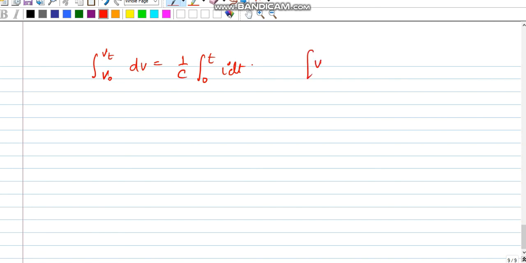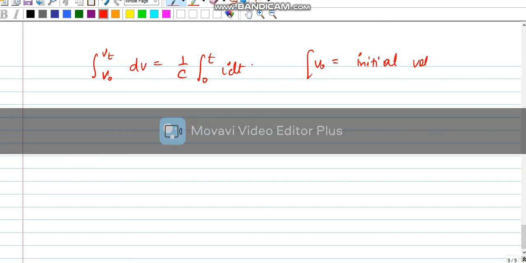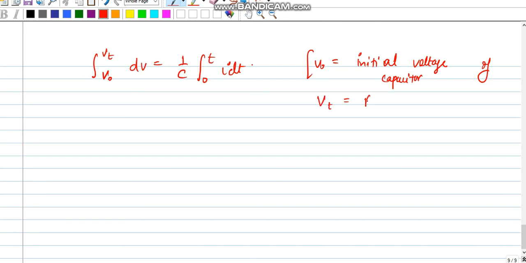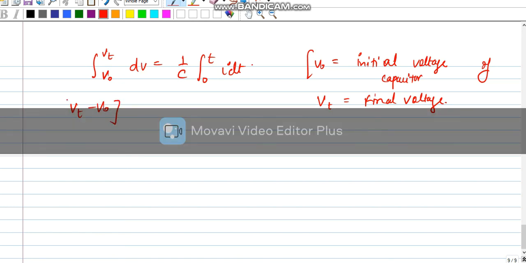Here V naught is the initial voltage across the capacitor, and Vt is the final voltage across the capacitor. So we get Vt minus V naught is equal to 1 upon C integrating from 0 to t of I dt.